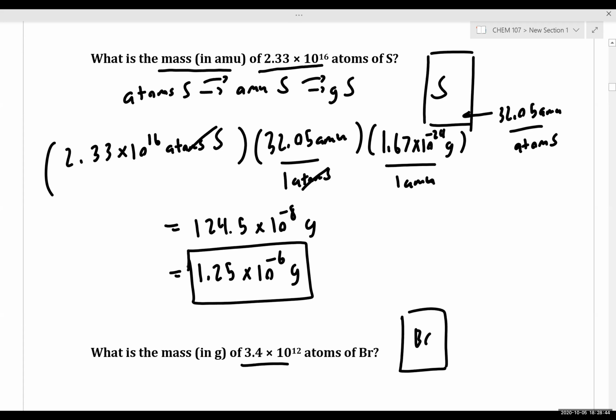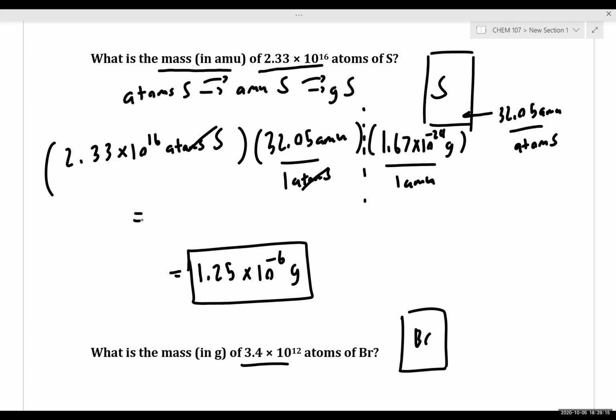Does this example make sense? Why this time is the mass in AMU, not in gram? Ah, yes. Let me show the mass in AMUs just to start off. If we wanted to calculate just the mass in AMUs, then we'd stop after the first step. But your question is, the problem asked what's the mass in AMU, not in gram.